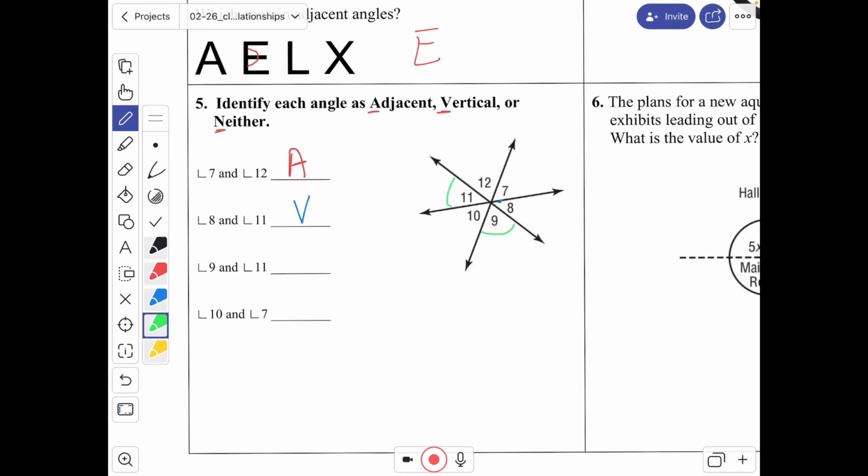Well, they're not next to each other, and they're not opposite each other, so they would be neither. And then we have angle 10 and 7. They are opposite each other, so that is vertical.